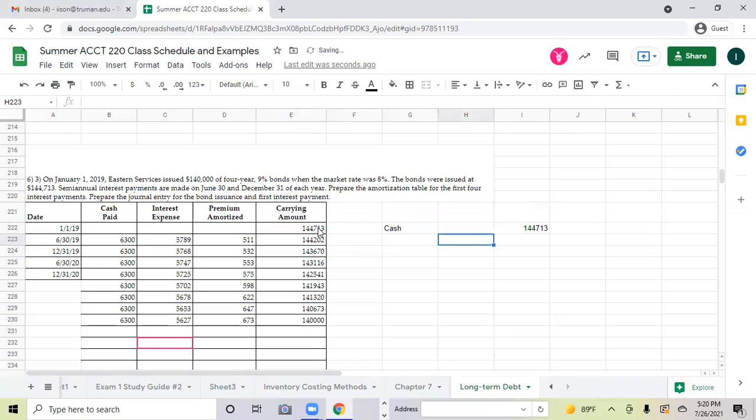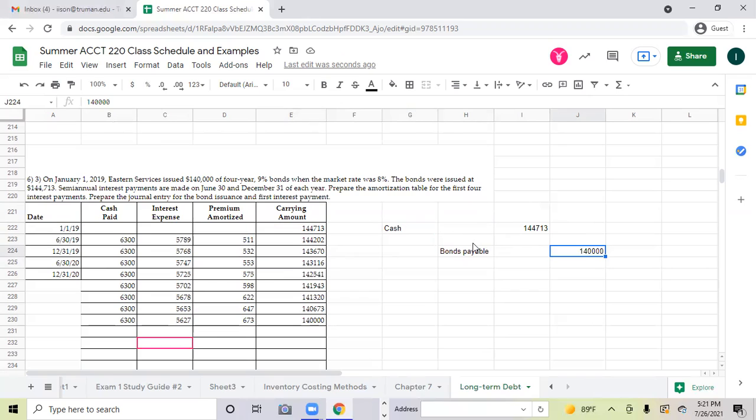That's how much we're receiving. And then we're going to record bonds payable, and that's actually only for the face amount, right? At the end of the life of these bonds, we only have to pay $140,000, because that's what we issued, $140,000 in bonds. So we actually received more money, right?